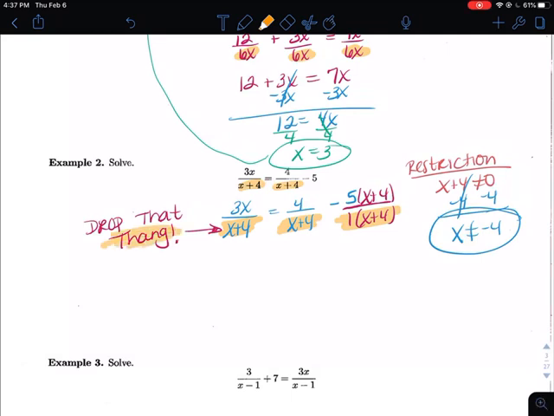That thing is the yellow stuff that I highlighted. So now I'm going to rewrite the problem without that denominator. So 3x equals 4, there's a minus sign, there's a 5, and there's an x plus 4.